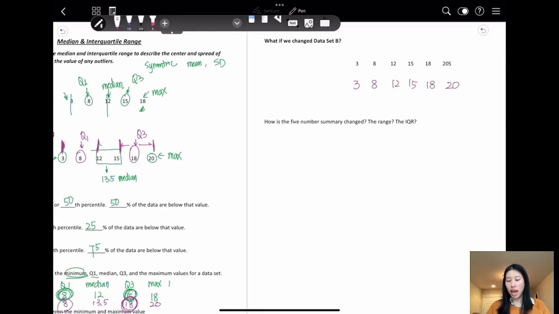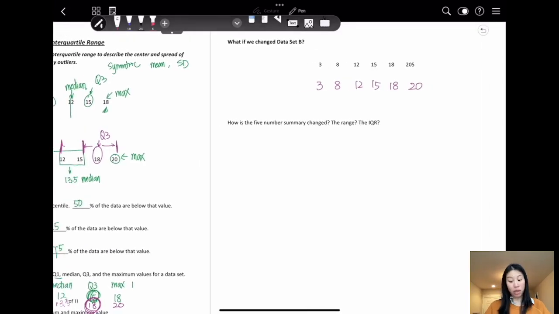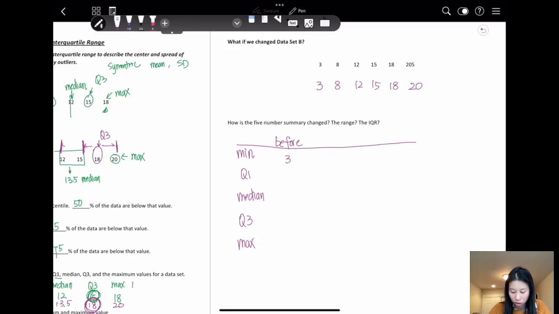So we have an outlier. Okay, outlier 205. So now let's find out what's the minimum, Q1, median, Q3, and the maximum. Before, as we found earlier, the minimum is 3, Q1 is 8, median is 13.5, Q3 is 18, but maximum is 20.